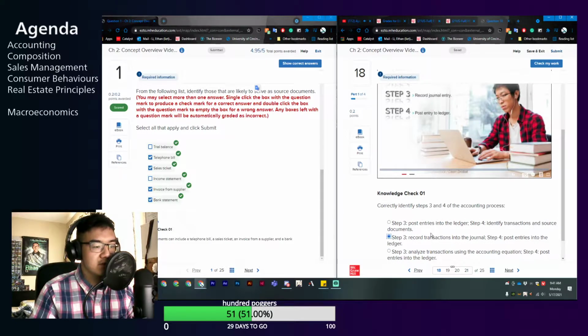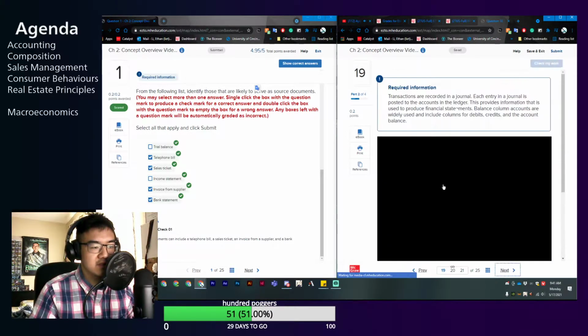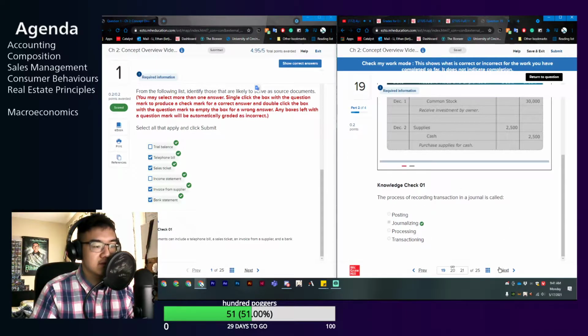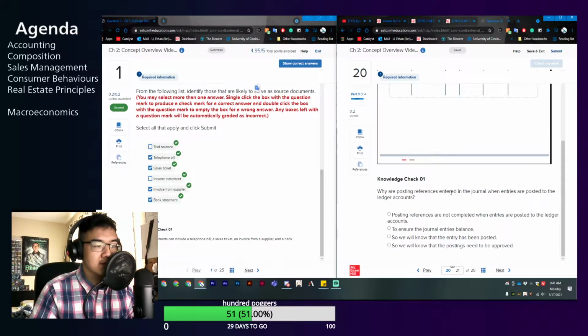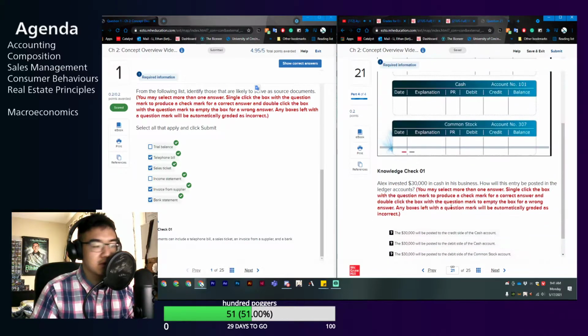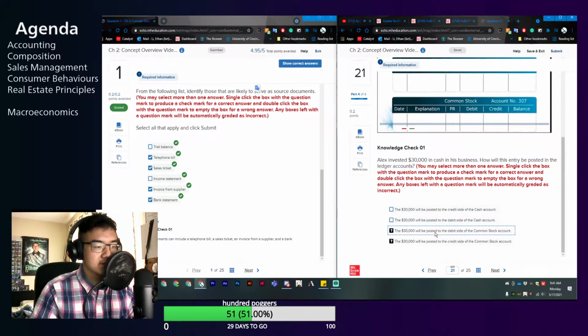Step 3 would be record into journal and then post into ledger. It's called journalizing. Alright, it'd be posted to the credit side and debit side.